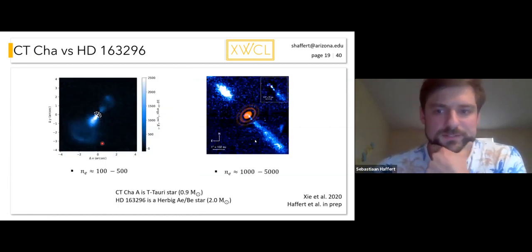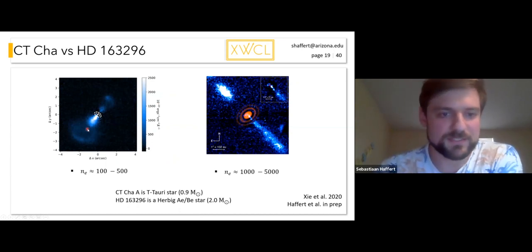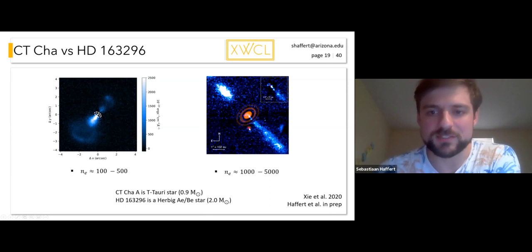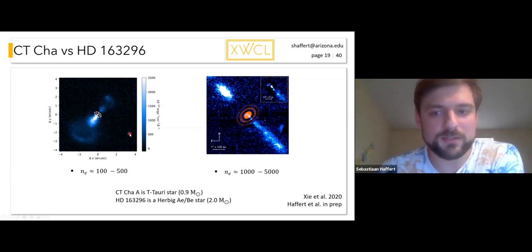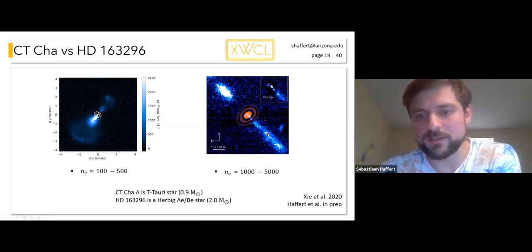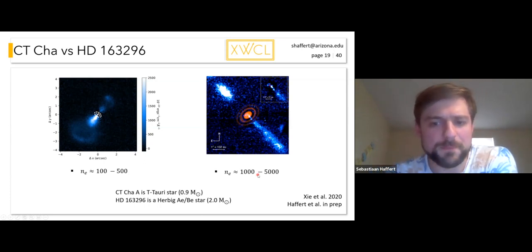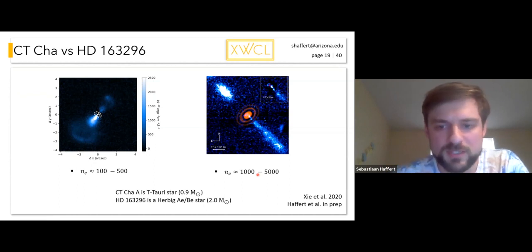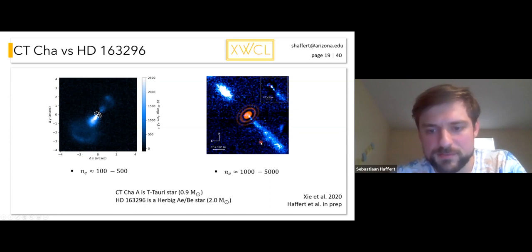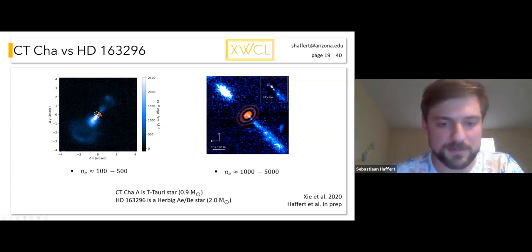So we can compare the two outflows detected with MUSE. On the left, we have CT-Cha-a, and on the right, we have HD 163296, and we see that they're quite different. The outflow here has a much larger opening angle than the outflow in the HD 163296 system. And also, if we try to estimate the electron density of the flows, the density for the object on the right is much higher than the density for CT-Cha.